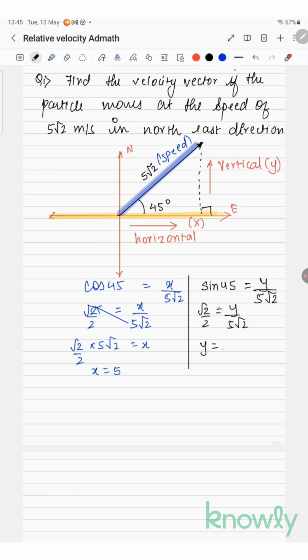If I do this, I'll get y also equals 5. So the velocity vector v is 5 in the x direction, 5 in the y direction. We write it in this form. Okay, you understood? Hope you guys found it so far so good.